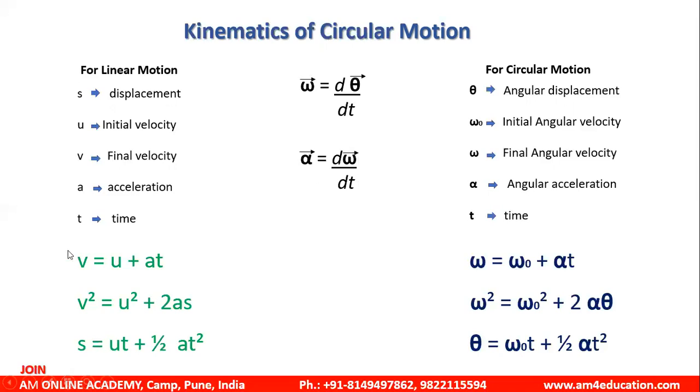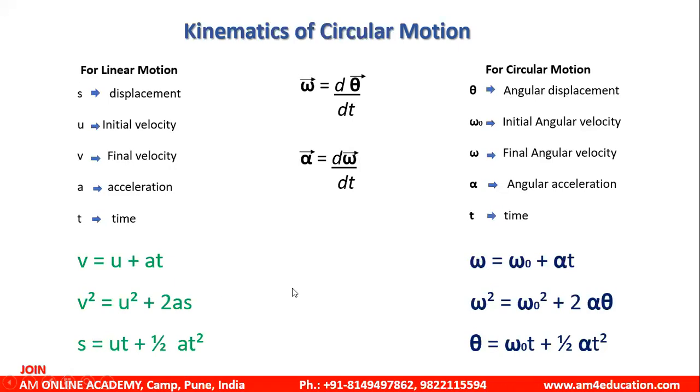Now, in the kinematic equations of linear motion, v is equal to u plus at, that is, final velocity is equal to initial velocity plus acceleration into time. Similarly, in circular motion, final angular velocity is equal to initial angular velocity plus angular acceleration into time.